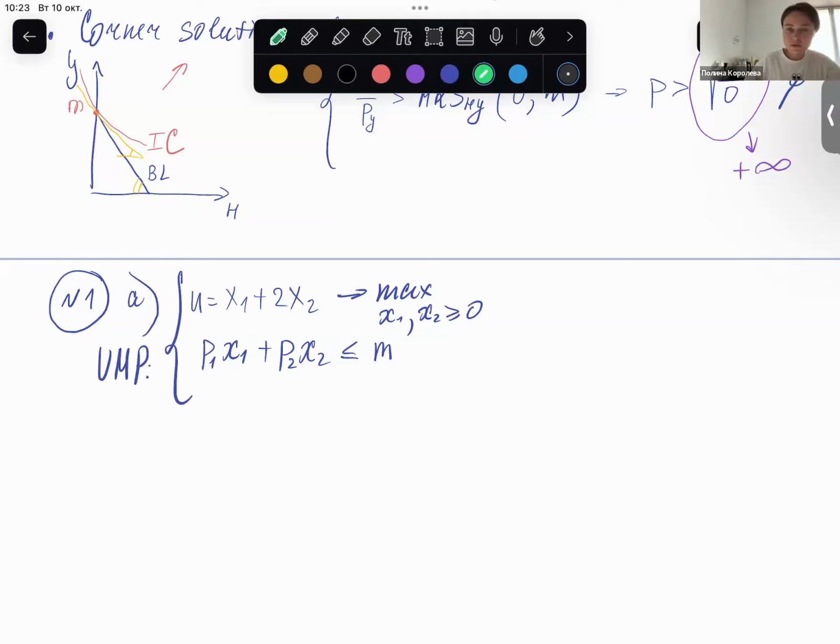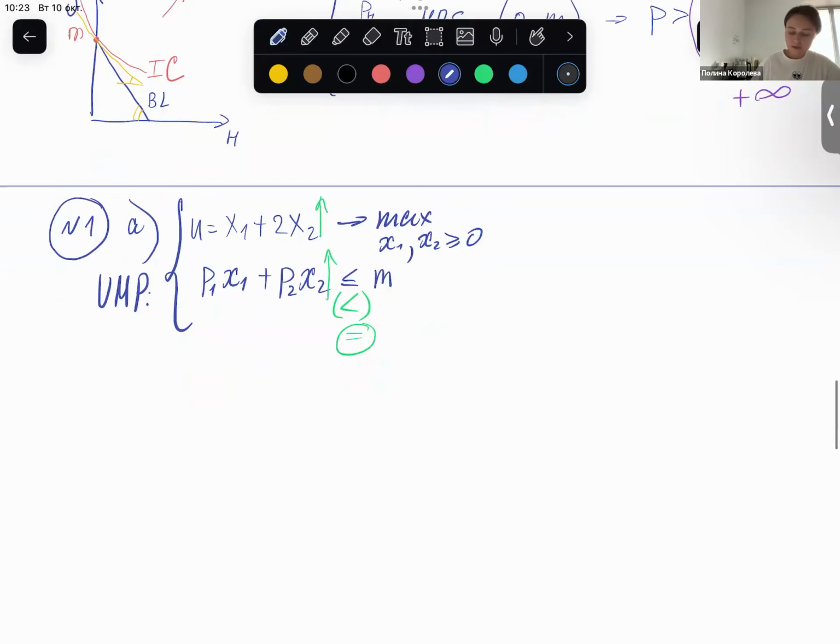First, you prove that you spend all the monetary income. So we assume that in optimum we spend less, and we prove that this is not true, because if we increase, for example, the consumption of x2, our utility will increase, and we will increase our spendings on x2 such that we will spend all our monetary income.